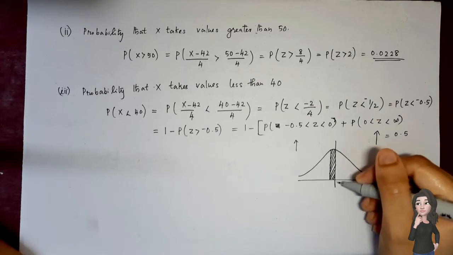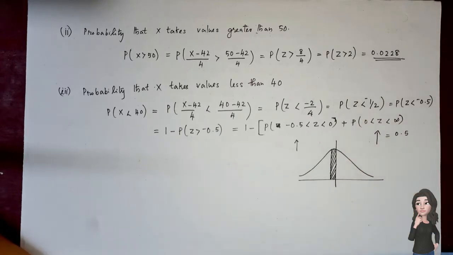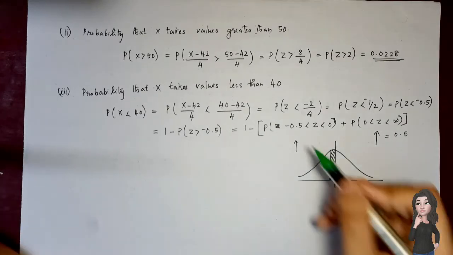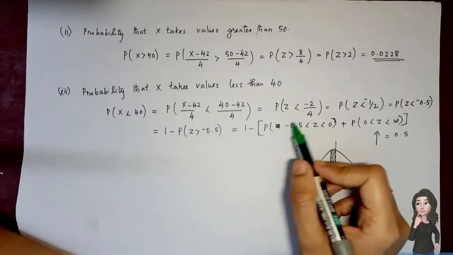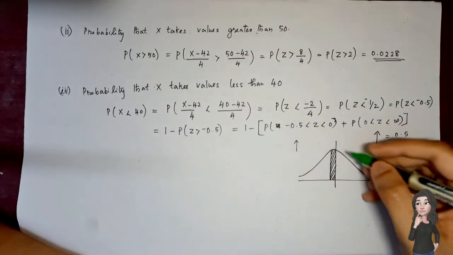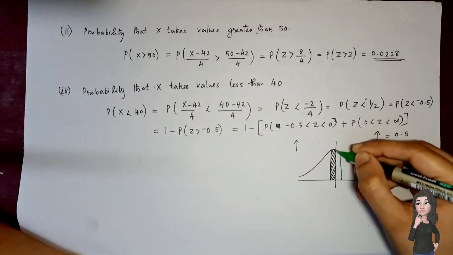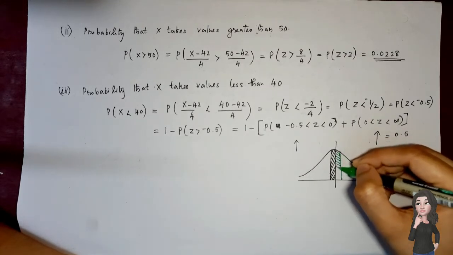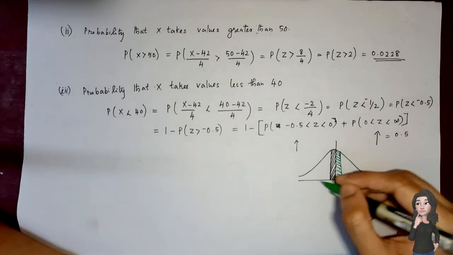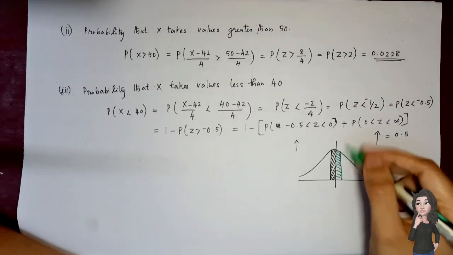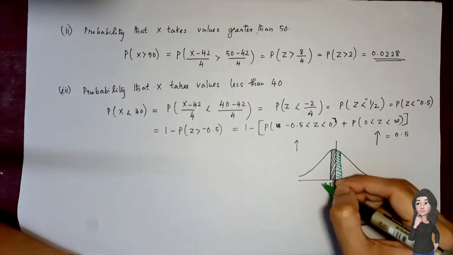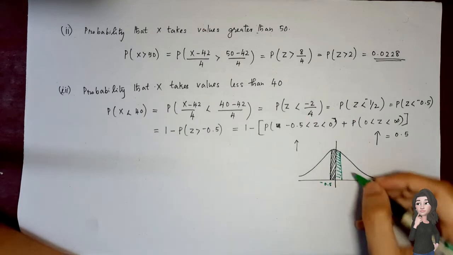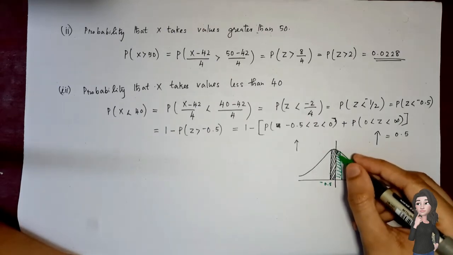In order to find this probability, or this area, it is equivalent to find this area. Why? Because this curve is symmetric about z equal to 0. So, for minus 0.5, I can find the value from 0 to this value.